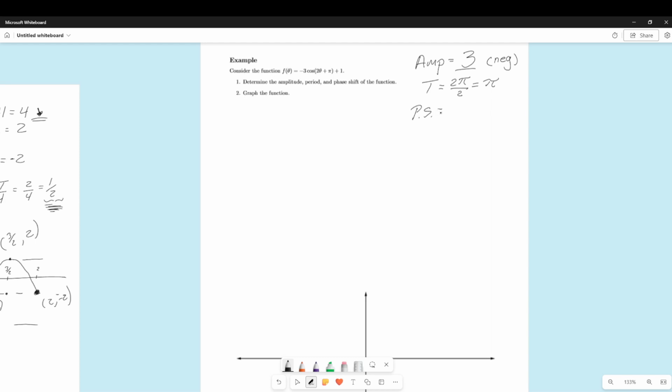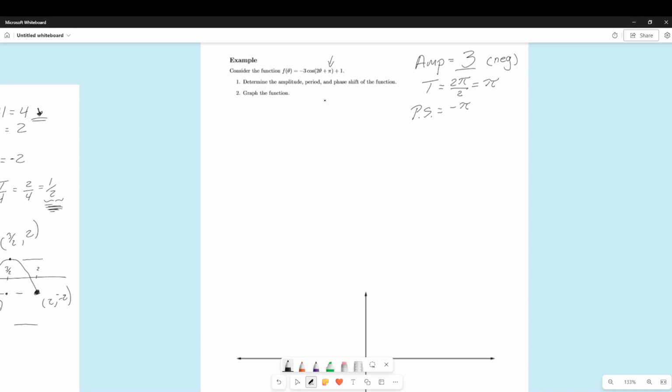Our phase shift is going to be this constant, which, remember, is negative pi. Remember, your form says bx minus c, so this has to be a negative pi for that to be plus.